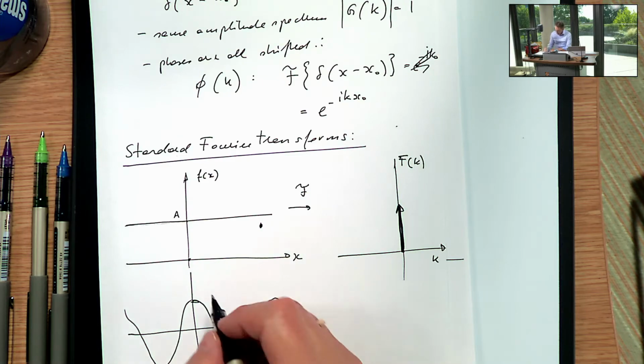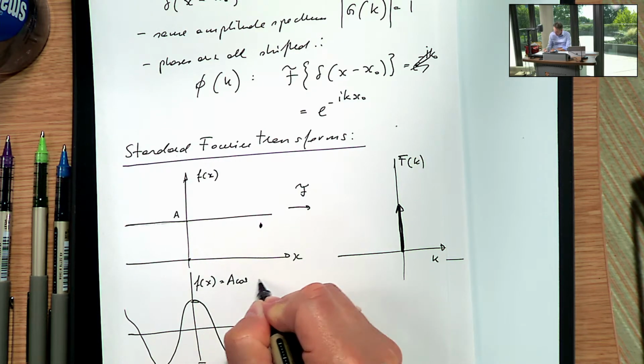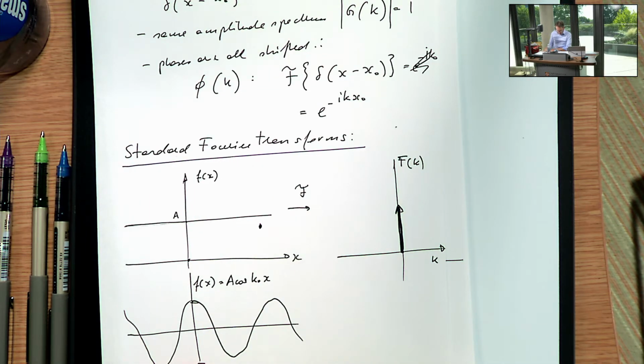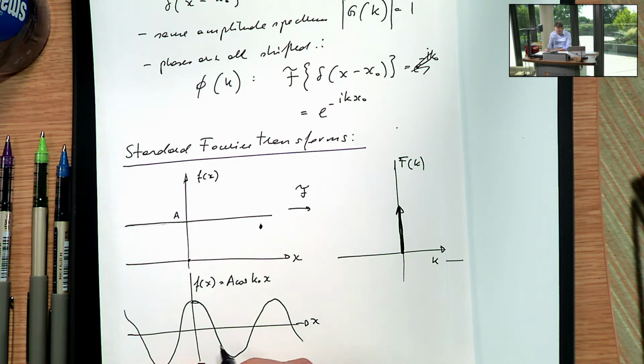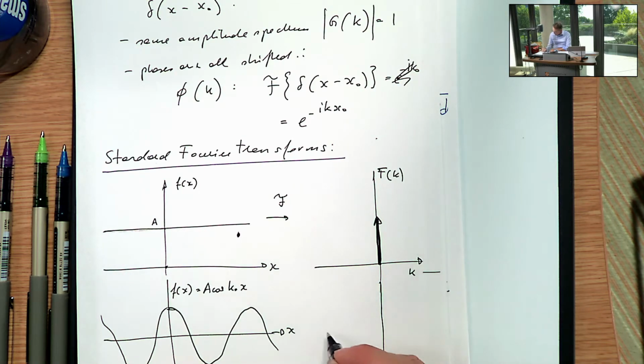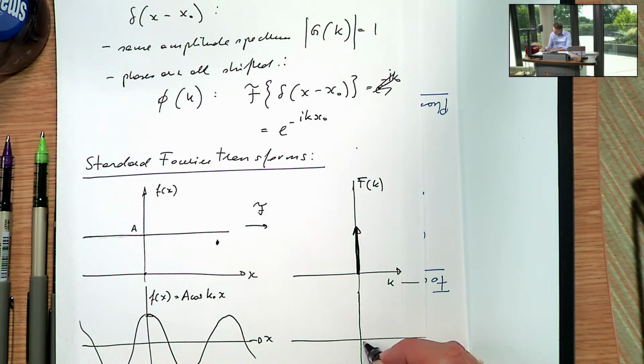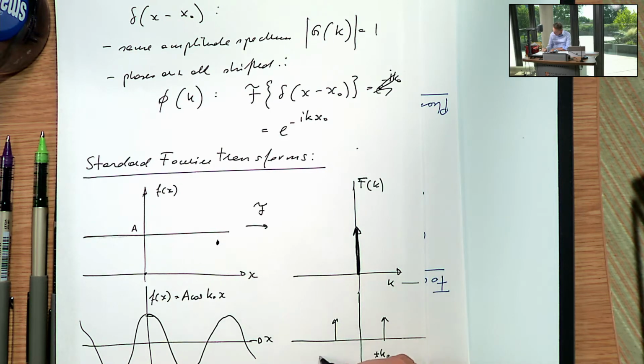So this is a cosine function, a cosine of k naught x, and so this is x, and then the frequency of that will be, you will get one component at plus k naught and one component at minus k naught. And why is that?